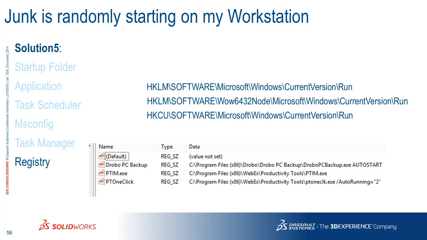There's also current version run. So now we're in HKey local machine, the top one. HKey current user is the second one. The top one launches those apps that launch when the machine is running. The bottom one launches when the user logs in.